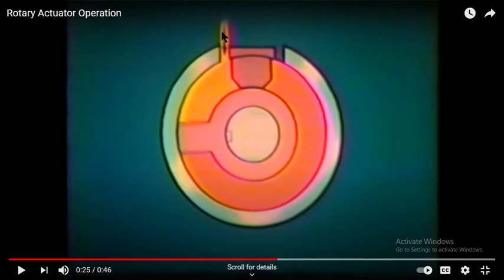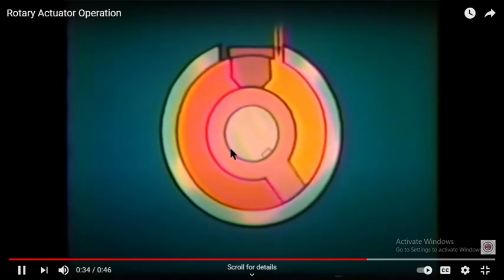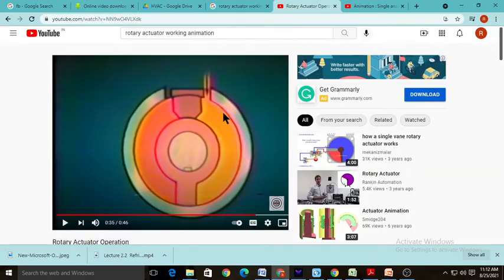Similarly, when this high pressurized oil is coming through this another port, the high pressurized fluid starts moving this vane in the anti-clockwise direction, producing a torque on the shaft. The chamber compartment acts upon the vane to cause shaft rotation through an arc. Similarly, we can produce a torque here. That's why we call this a rotary actuator.